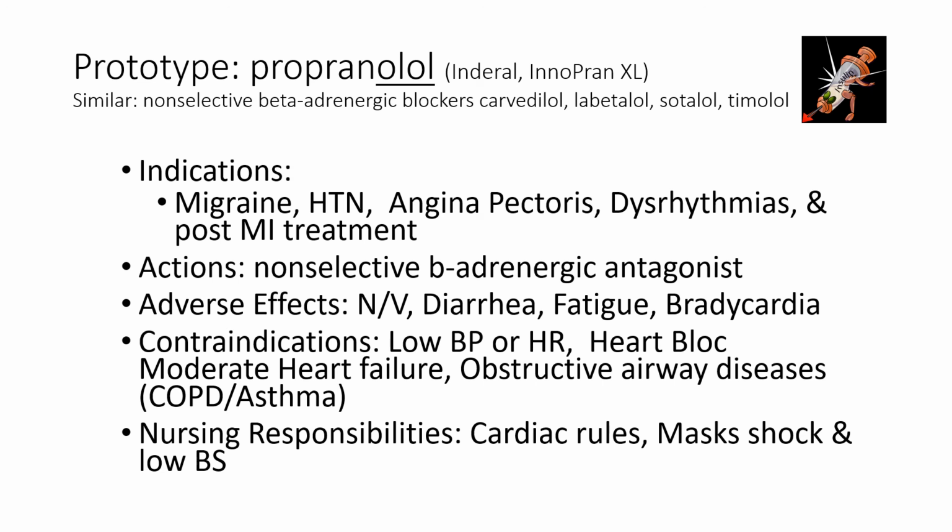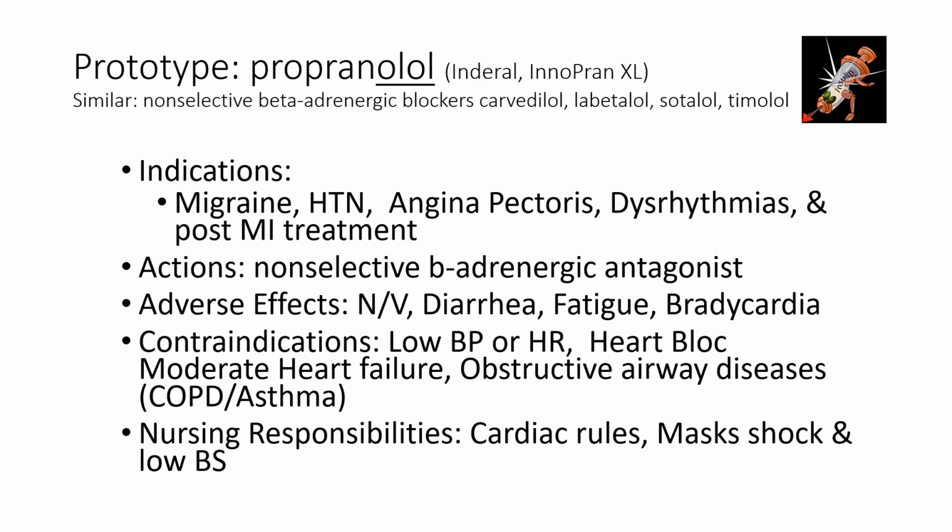And why does it do that? Well, if you're taking a beta blocker and say you're bleeding profusely from somewhere, say a gastrointestinal bleed, and your blood pressure's dropping, it's your sympathetic system that's going to help increase your heart rate and vasoconstrict your blood vessels to maintain your blood pressure.